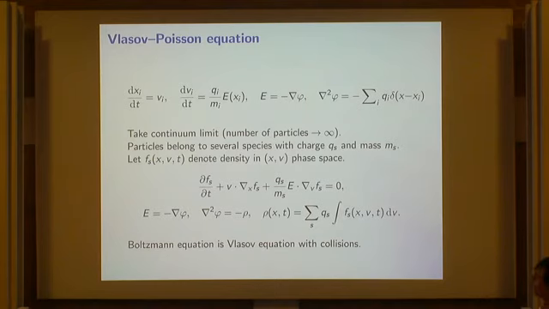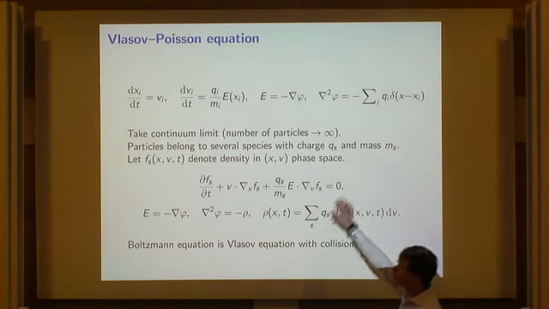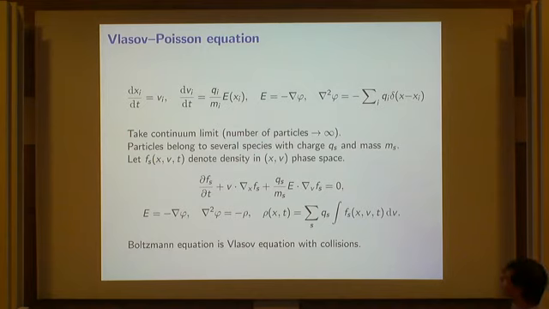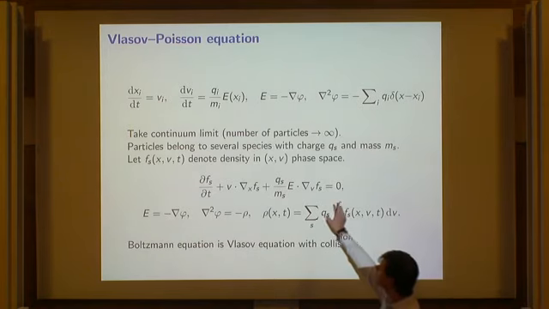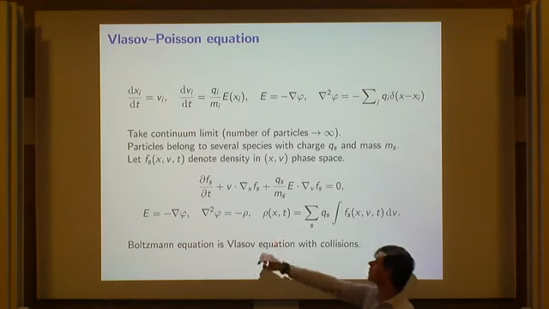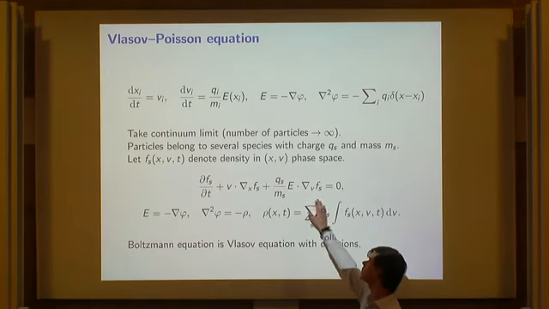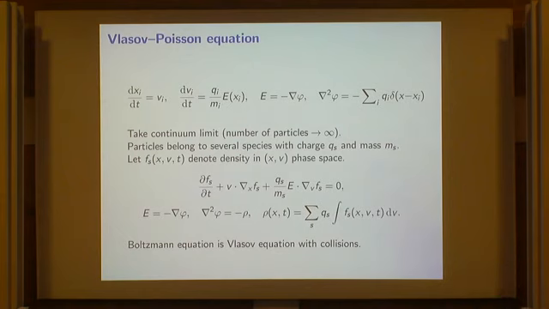where you take more and more particles, then in the continuum limit this is actually well defined, and you get this transport equation that everyone wrote down, where F here is the density, so the number of particles in a small region in phase space with x and v, and it gets transported: the position changes with the velocity, and the velocity changes with the electric force.